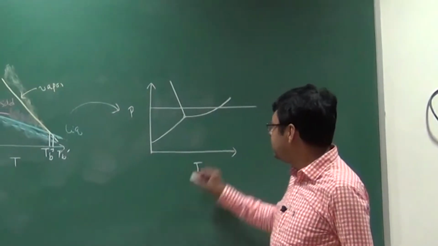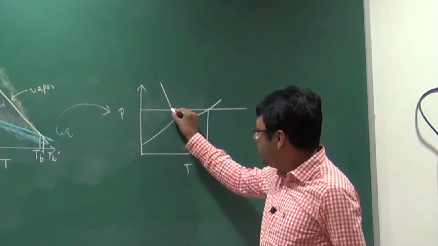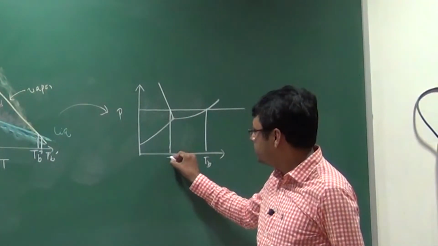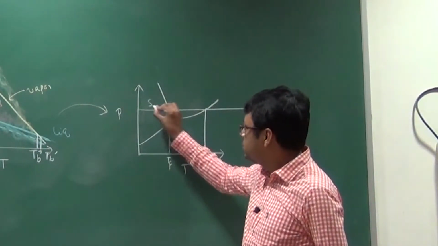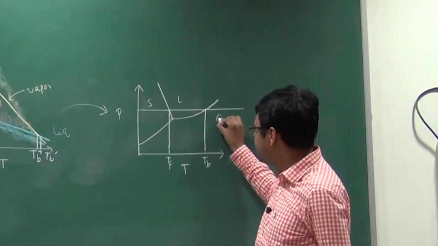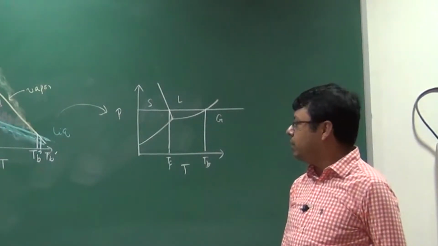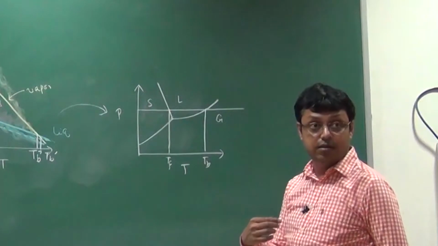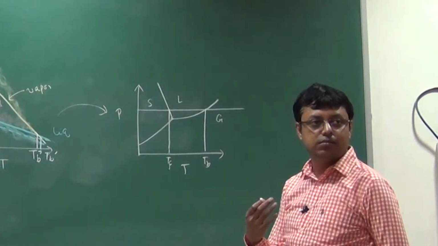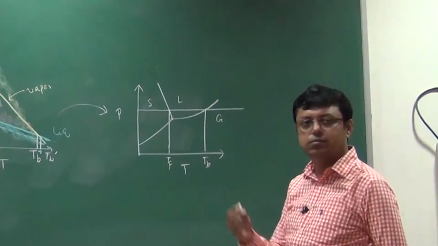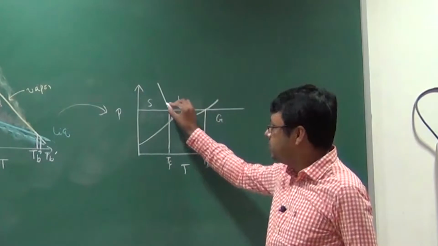At constant pressure, this is my boiling point, and this is my freezing point, right? Because this is solid, this is liquid, this is gas or vapor. These are the regions. Now, what will happen if I add, say, a solute? So these two curves will change.